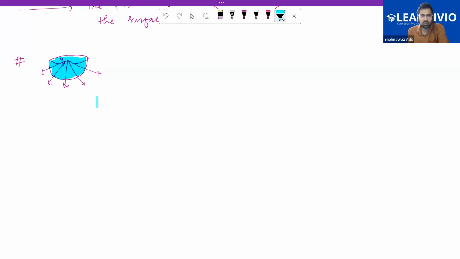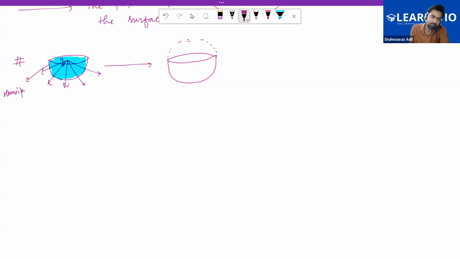So what I will do is I will make an arbitrary full sphere, and this charge is inside. For this whole thing, can you tell me what is the flux?